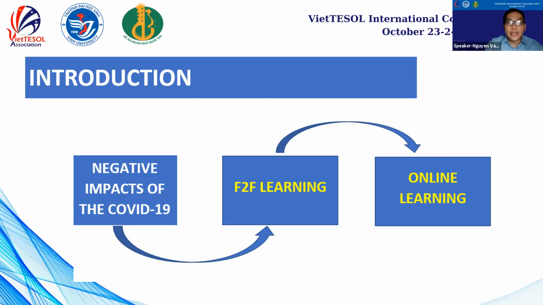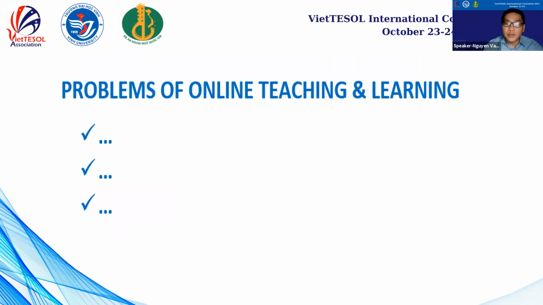Online learning is an effective solution for two targets: first, to maintain the learning and teaching process, and second, to stay safe for the community. However, online teaching and learning contains some problems related to poor learning and teaching experience, lack of learning motivation and autonomy, and unstable support of the technologies.